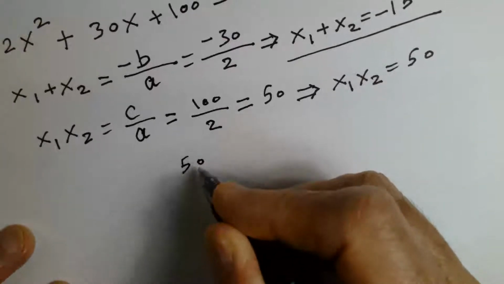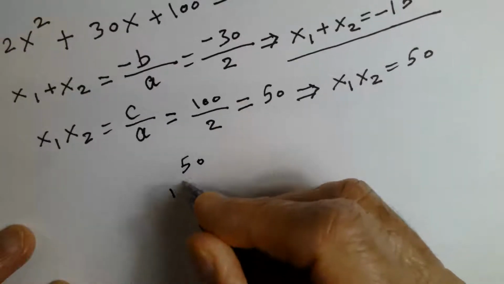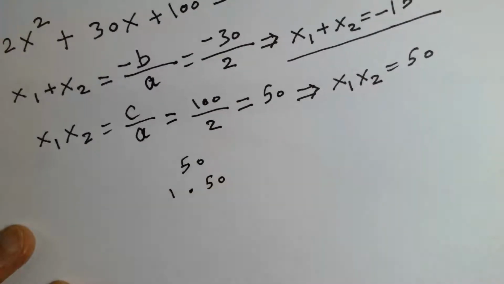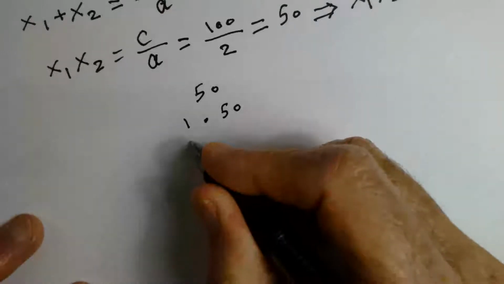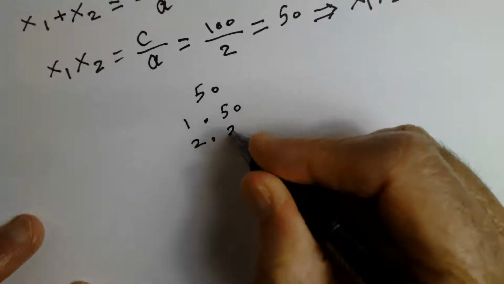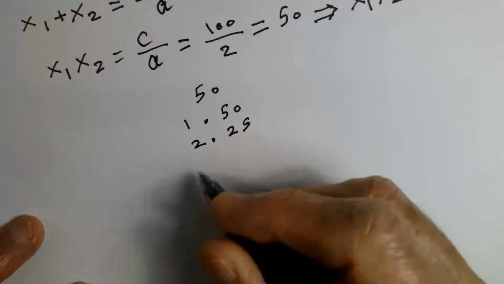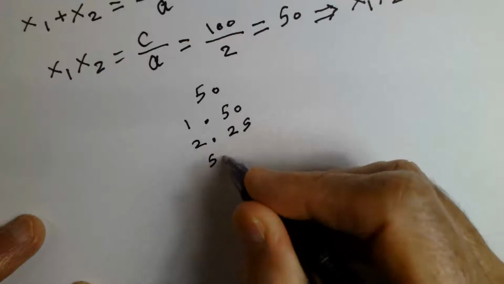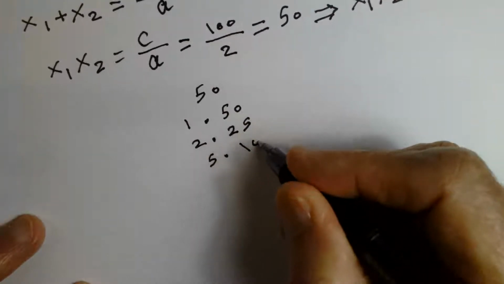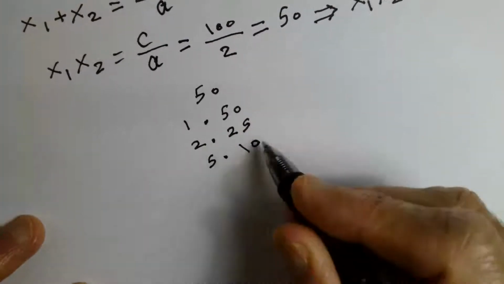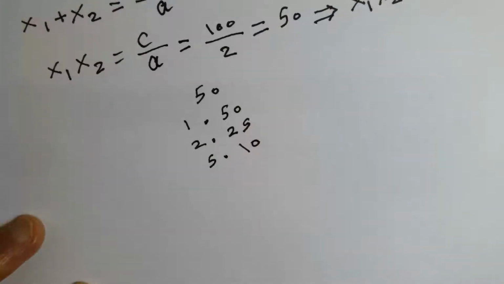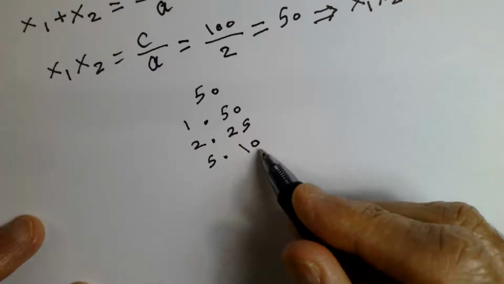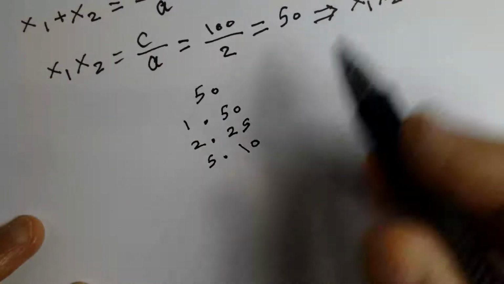Okay, we can write 50 as 1 into 50. We can write 2 into 25. We can write also 5 into 10. 5 into 10 is 50. But the problem is that if you add these two, it's not going to be minus 15.